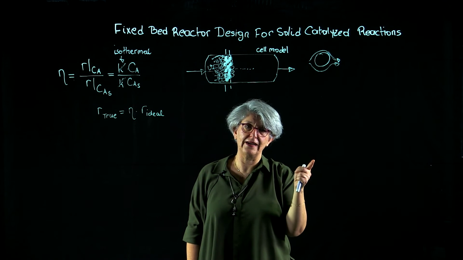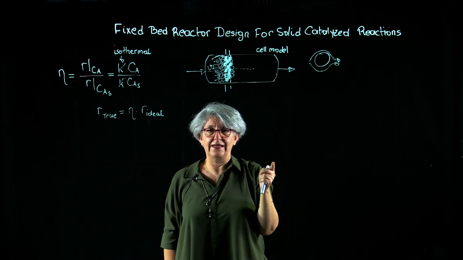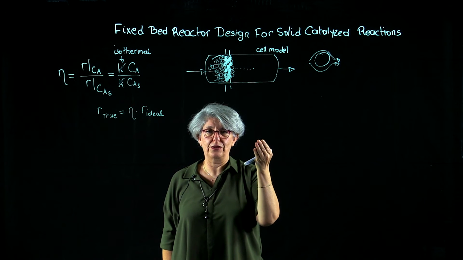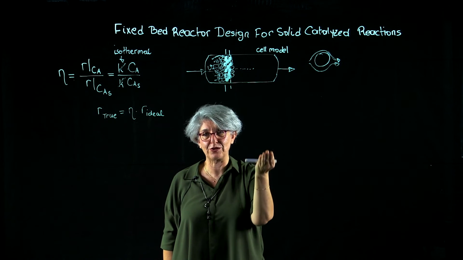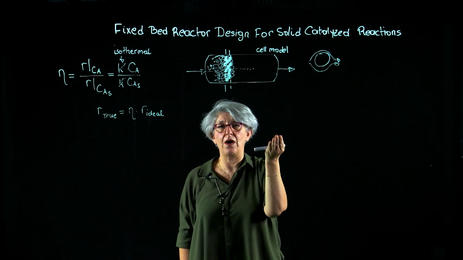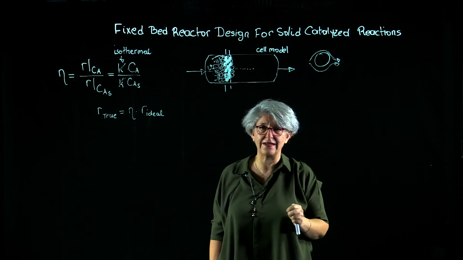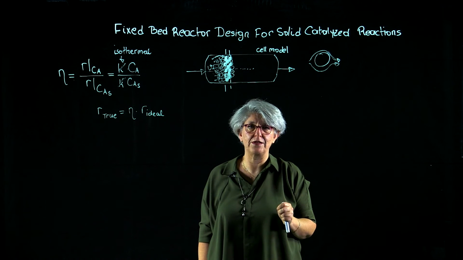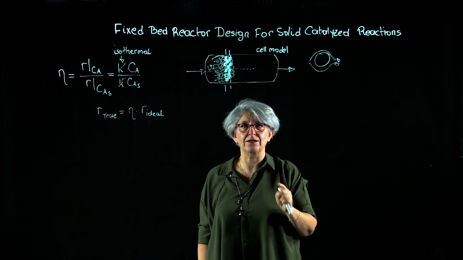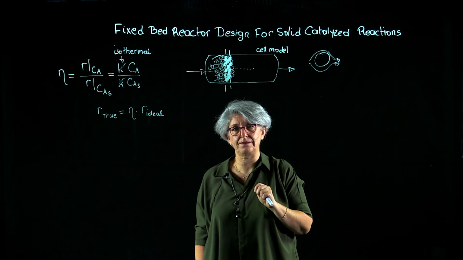Then I can get a good but still approximate value of how many layers I need for my desired conversion. So this is the cell model.